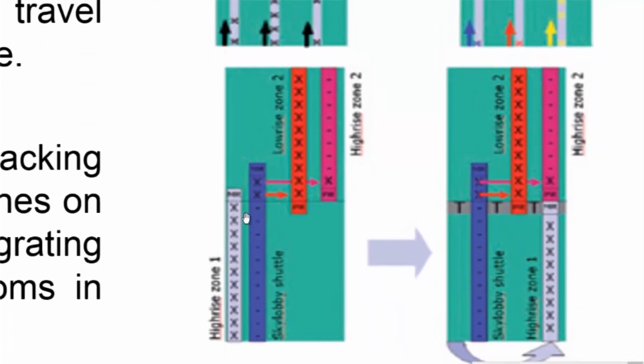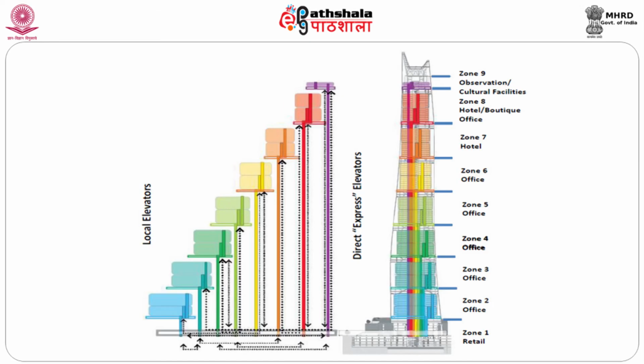And then these are floors, sky lobby shuttle, and then further up there is a lobby here, and so on. So, this is a typical image that graphically indicates the elevator system.